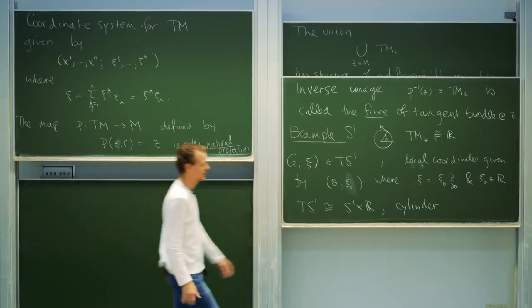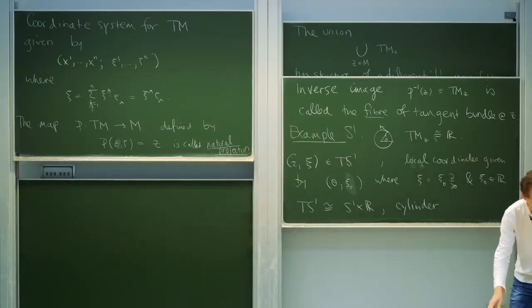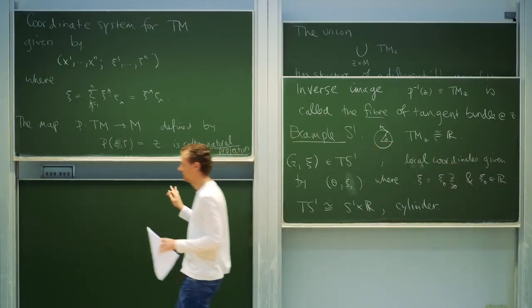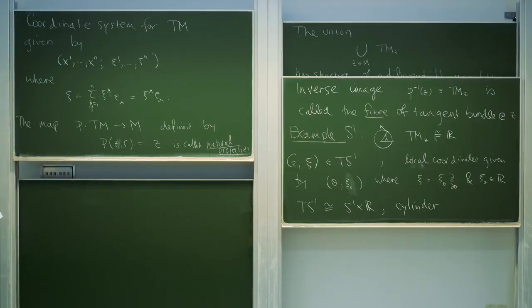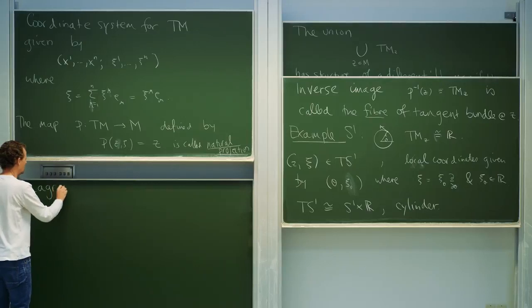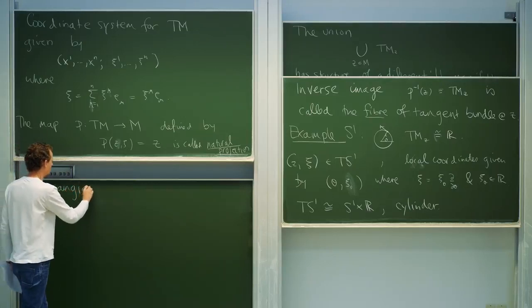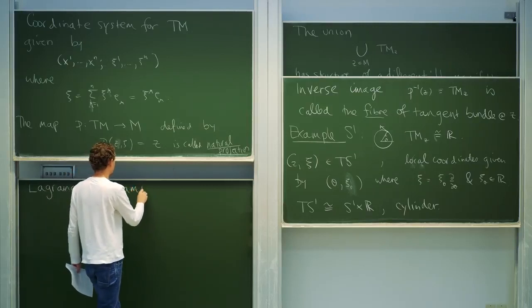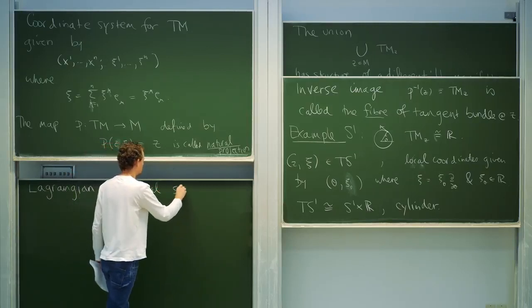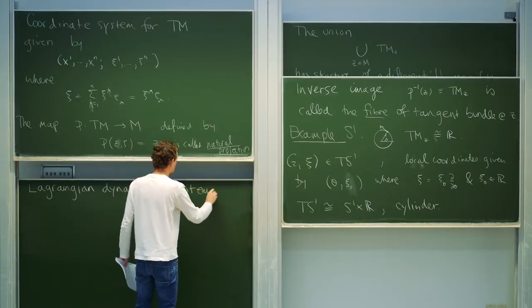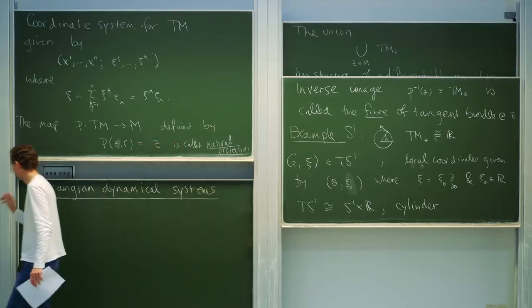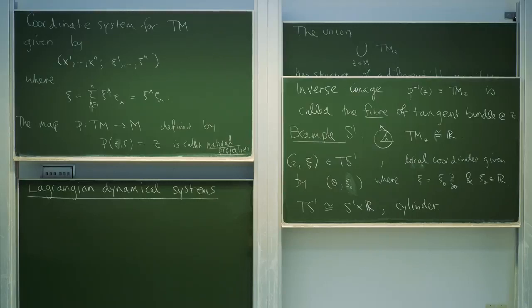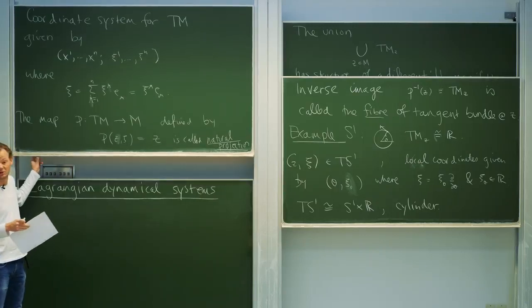And here's the reason why. Tangent bundles are the natural place to do Lagrangian dynamics, because they give you just the right amount of information to talk about Lagrangians.